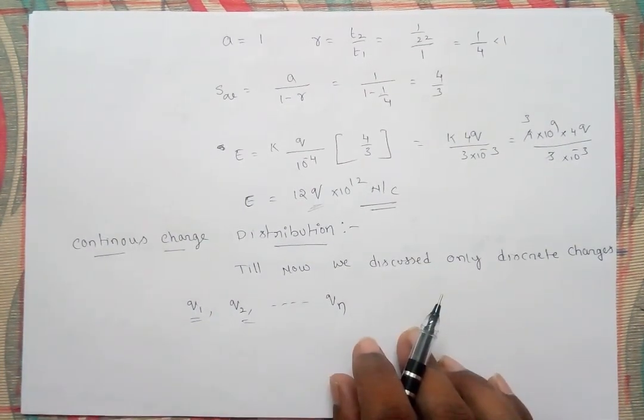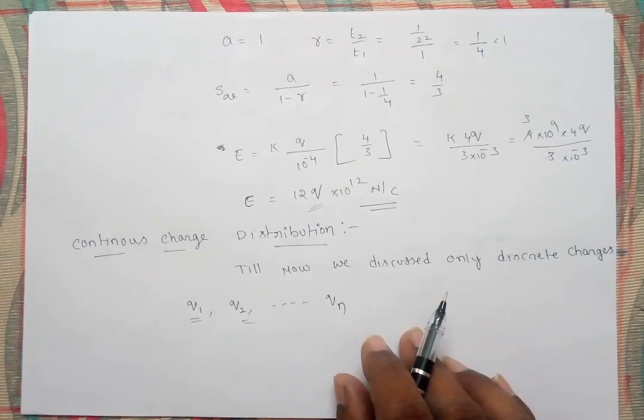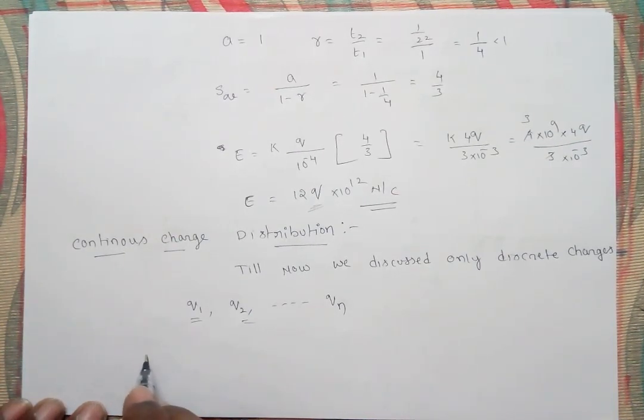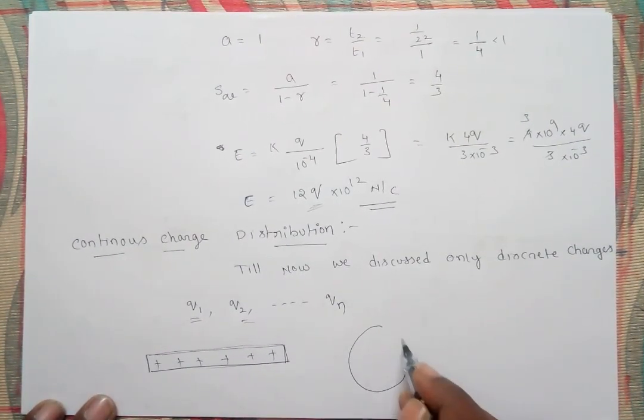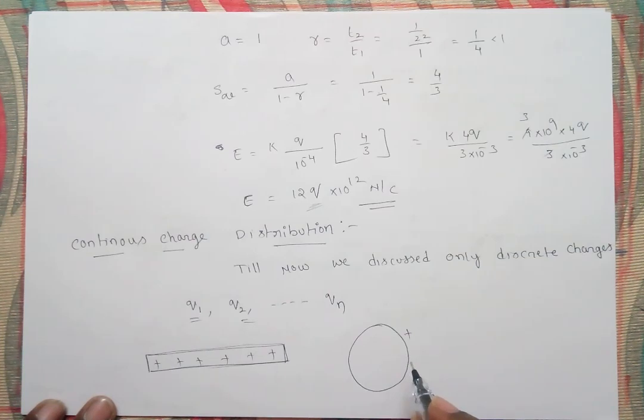But if the charged body is, say, a straight conductor like this, which has a charge, this kind of charged body we cannot treat as a point charge like q1 or q2. Or if you take a sphere with a charge over it, this also should not be treated as a point charge.